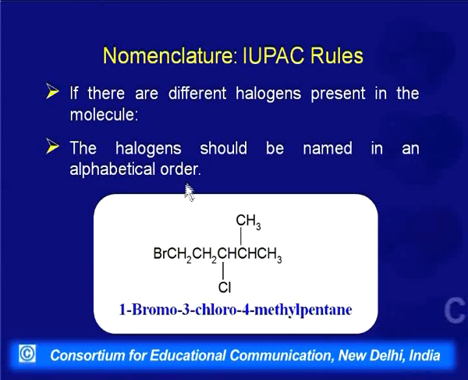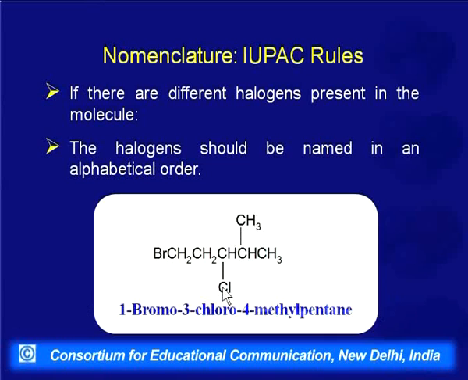So similarly, if there are different halogens present in the molecule, we have chloro, bromo also, but how do we name in such cases? The halogens should be named in alphabetical order. So see, here we have 1-bromo-3-chloro-4-methyl pentane, and we have put it like this because by alphabetic order, bromo comes first, then comes chloro, and then comes methyl.